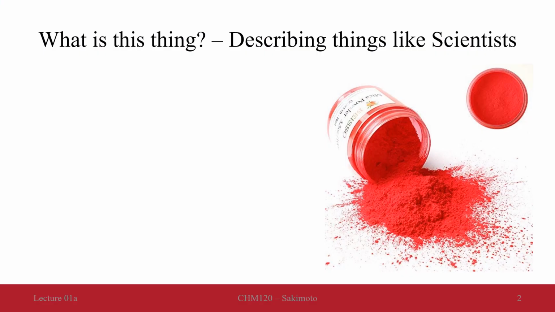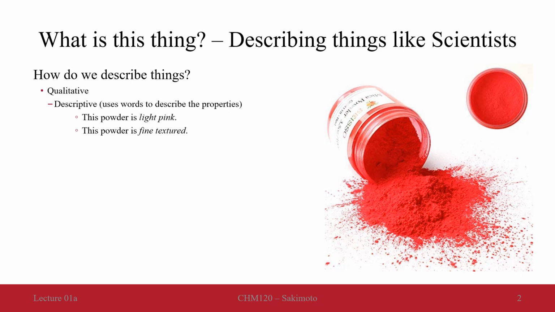So, as I said in part A of this lecture, scientists are really interested and really particular about describing things. And so you may encounter a vial, a little jar of pink powder. And the natural question is, what is this thing? How do we as scientists describe these things in ways that maybe a normal person, someone who has not gone through this type of class, would describe it?